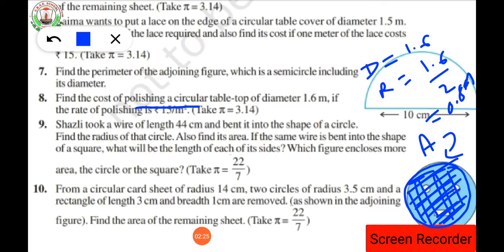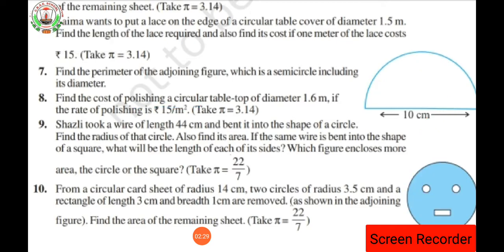Then after finding the area, that area will be multiplied with 15, because for polishing 1 meter square area it is required 15 rupees. So the total area will be multiplied with 15 in order to get the rate or cost. Clear everyone?